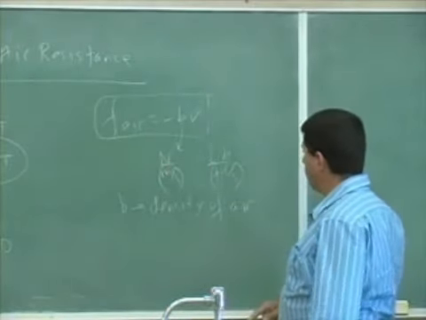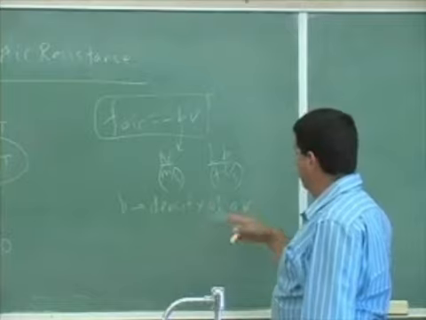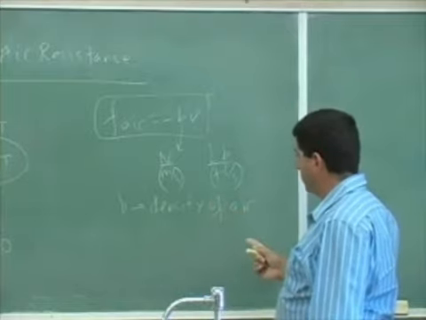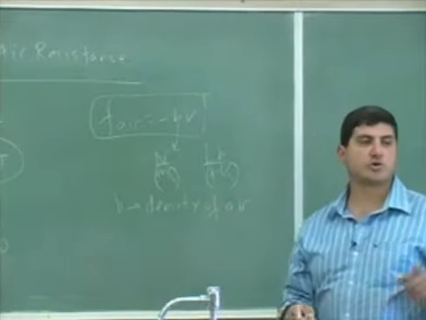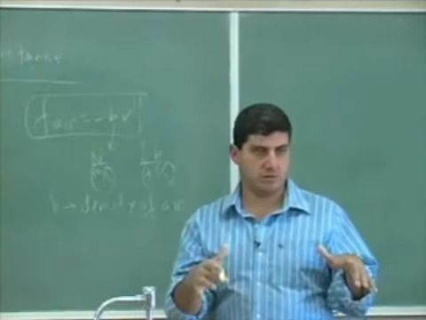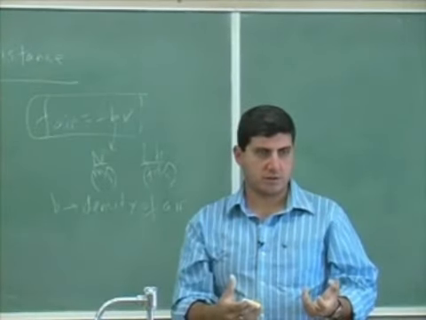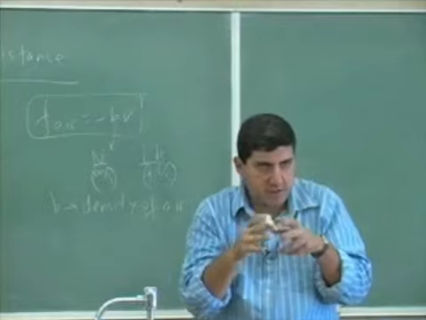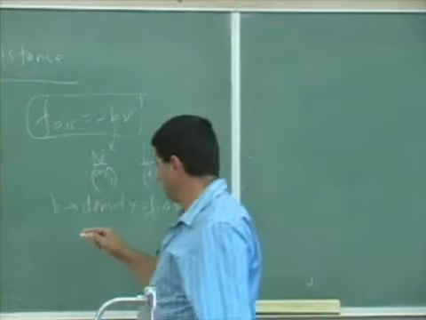So b depends on the density of the air, and it also depends on the surface area of what's falling. The smaller the surface area, the less friction, right?